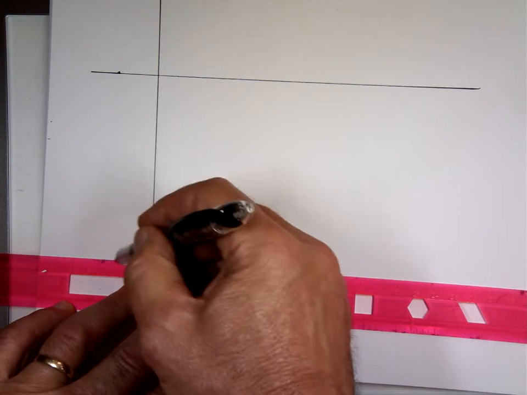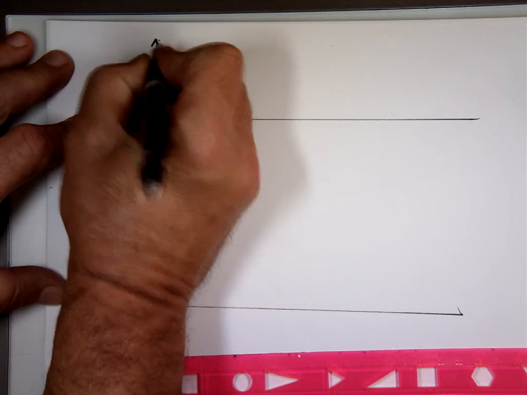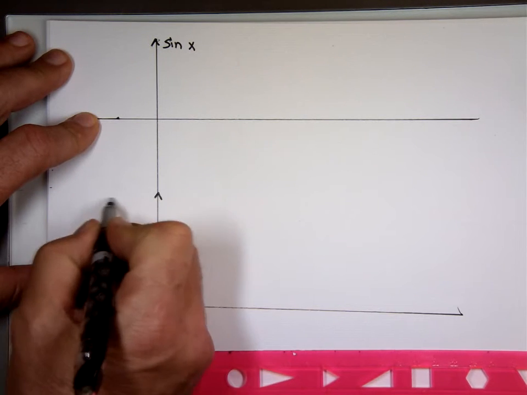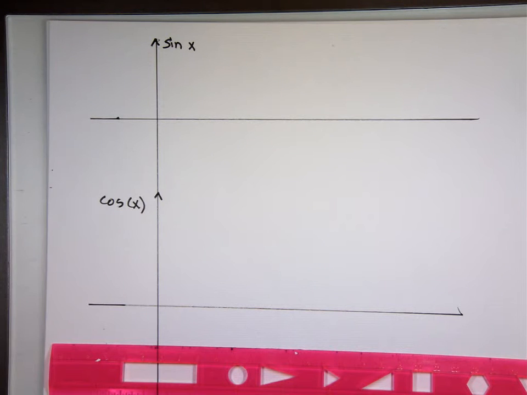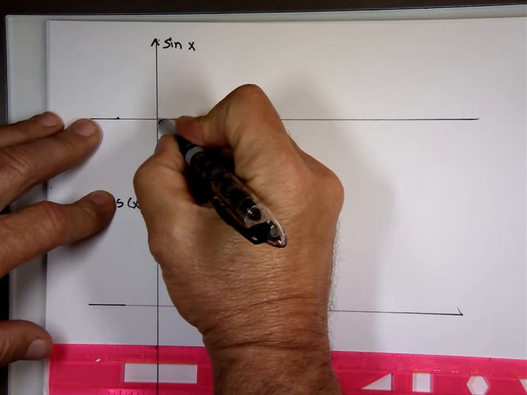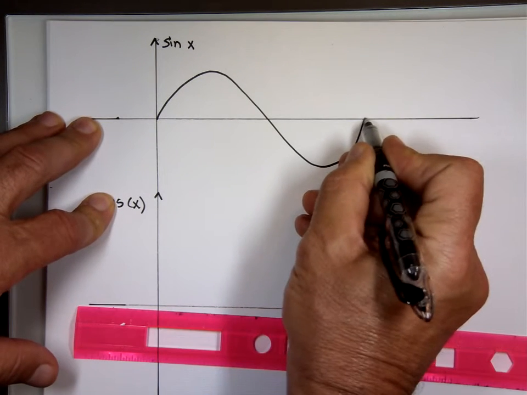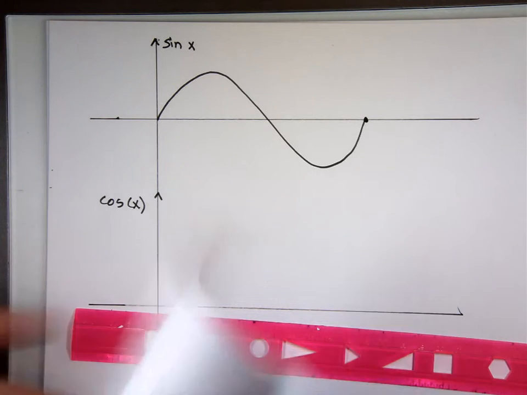So this is sine of x and this is the cosine of x. Again, if I just show you one cycle, one shape, because it repeats itself, it looks like this. And we said it takes how many degrees to complete a full cycle? 360.